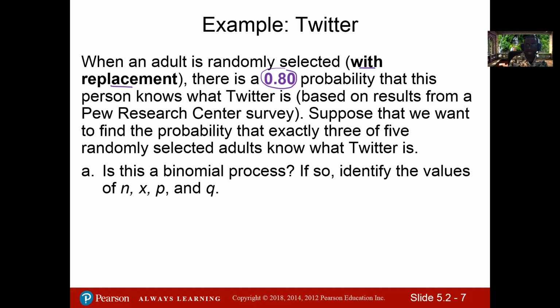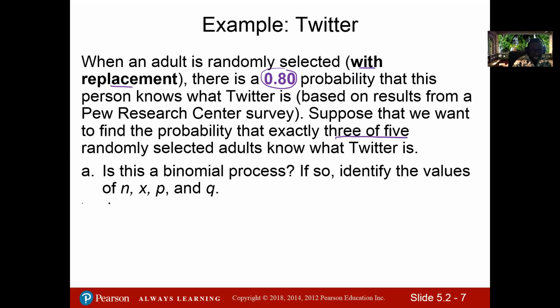Suppose that we want to find the probability that exactly 3 of 5 randomly selected adults know what trader is. Is this a binomial distribution? If so, identify the values. Of course it is.